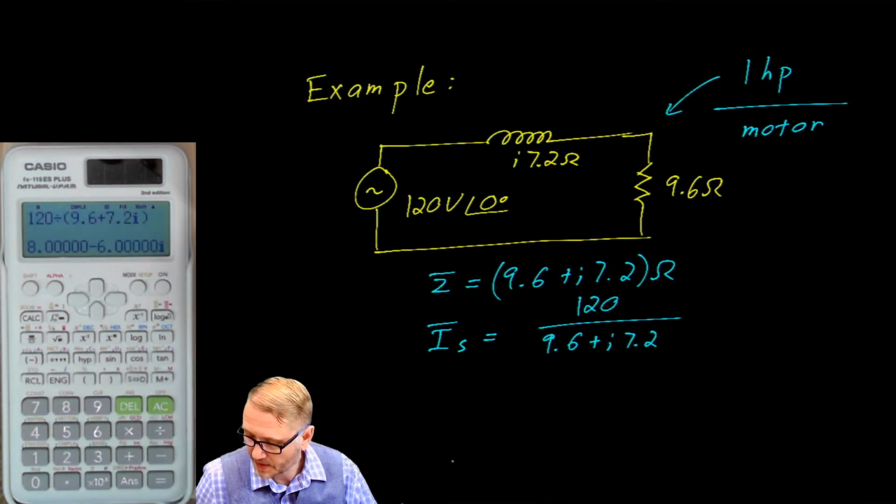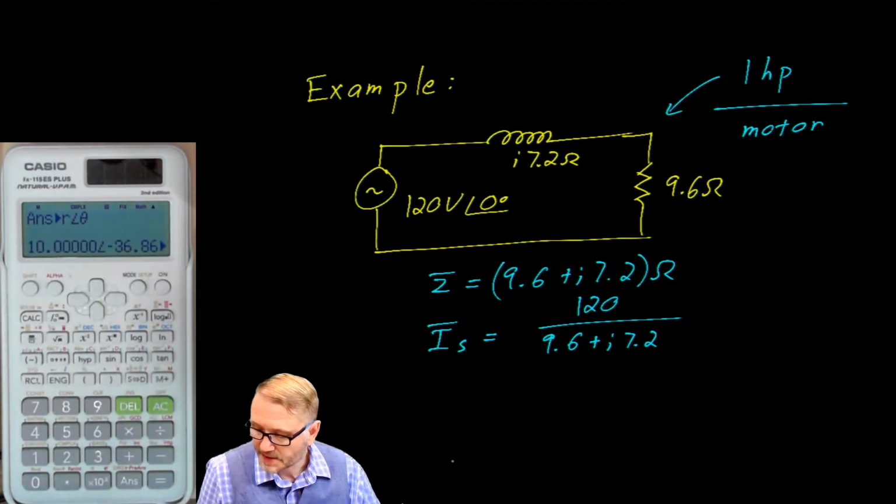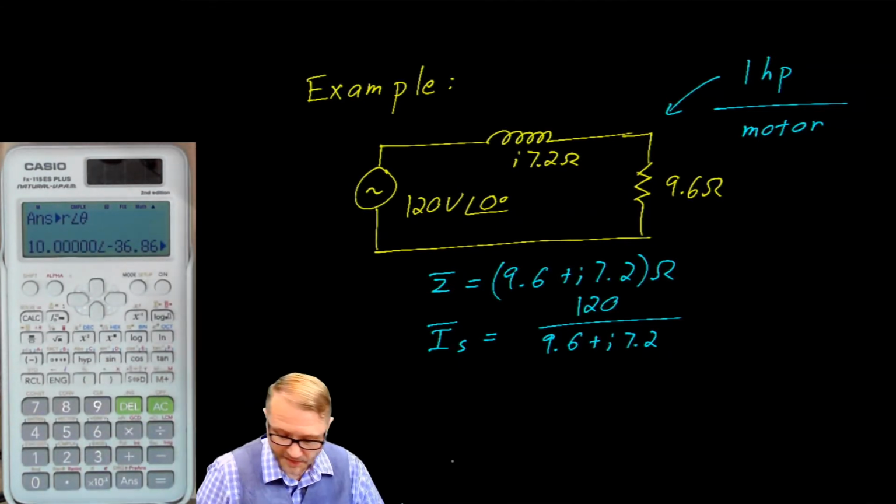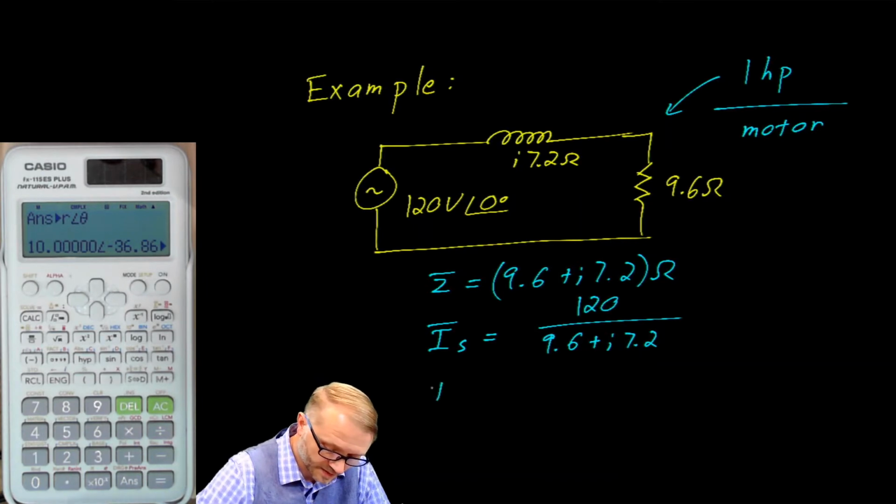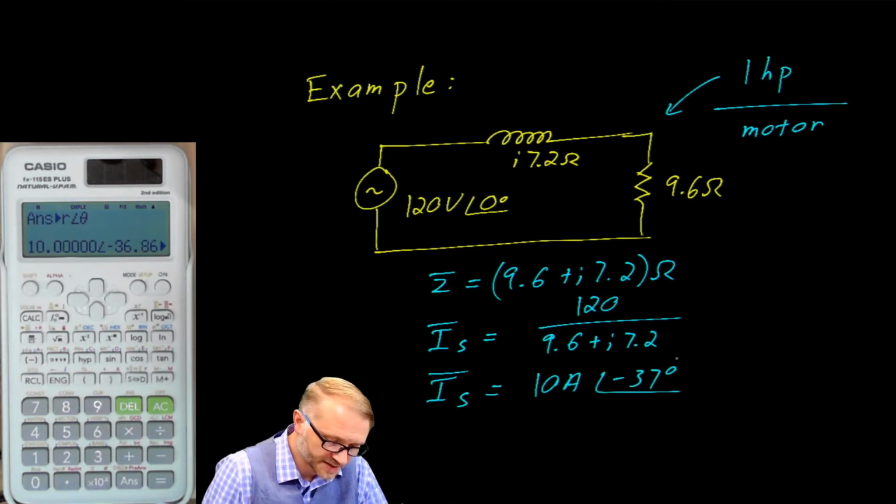Close that parenthesis and shift it into polar form. So that's 10 amps at a phase angle of -37 degrees. So the current that flows in this series circuit is 10 amps at a phase angle of -37 degrees.